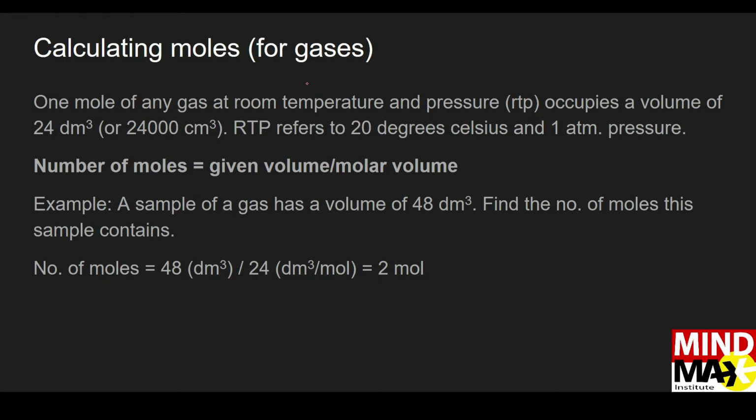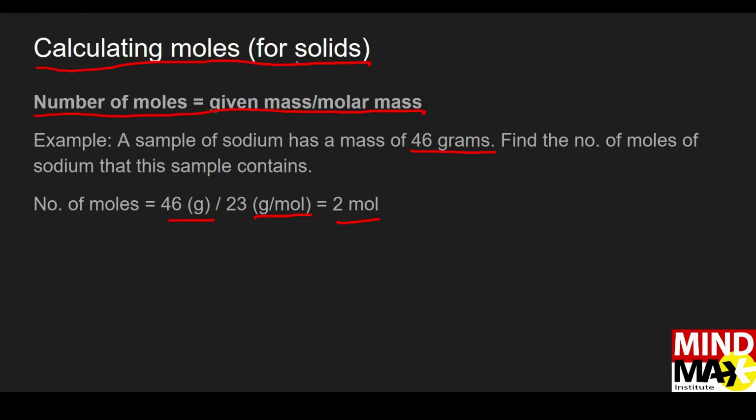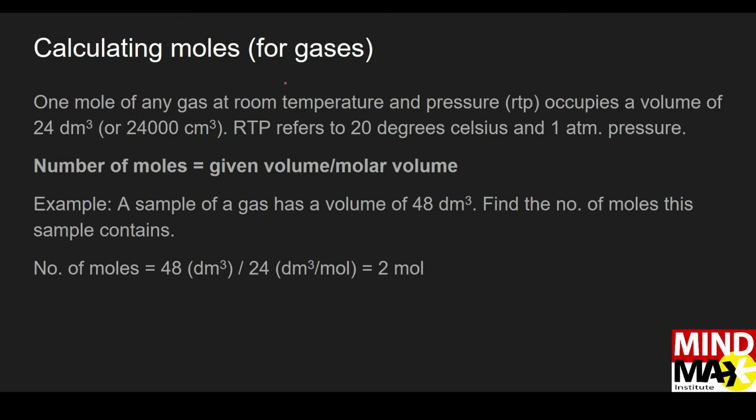Then calculating moles for gases. For solids, the calculation was related to mass, but for gases, the number of moles is related to the volume of the gas, how much volume the gas occupies at room temperature and pressure.